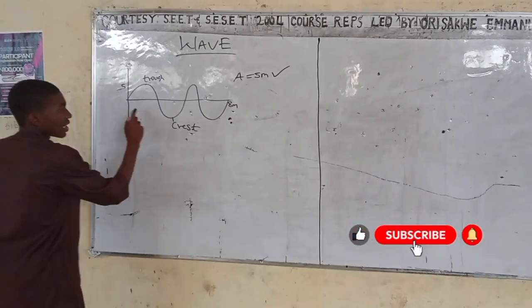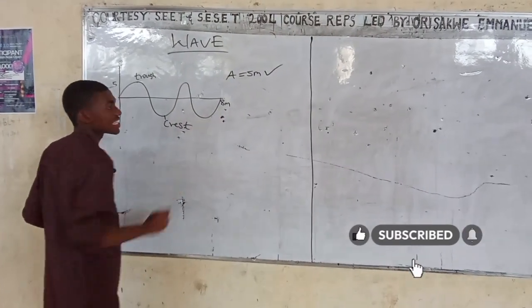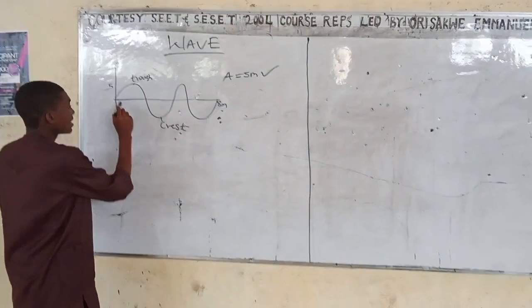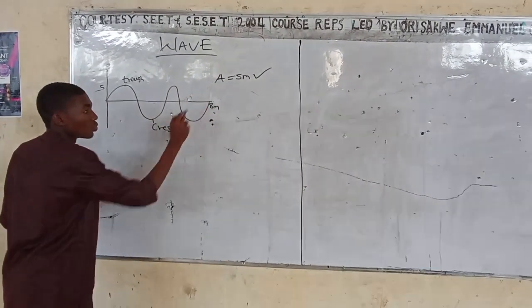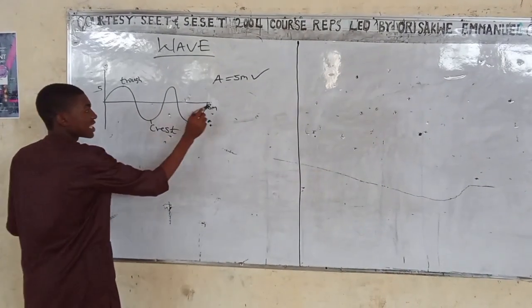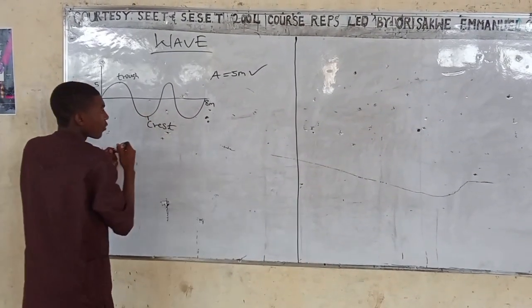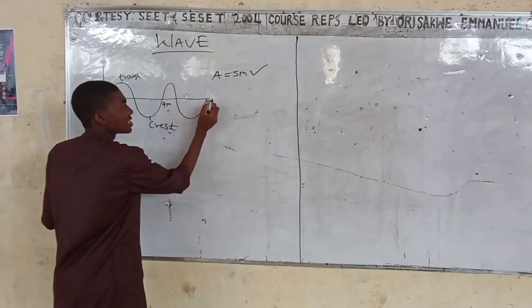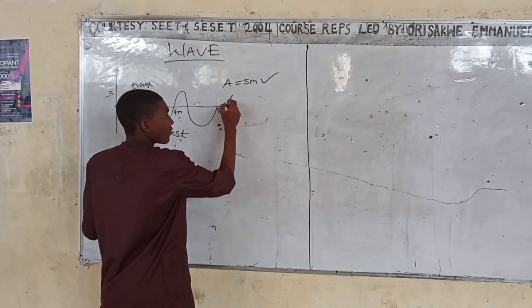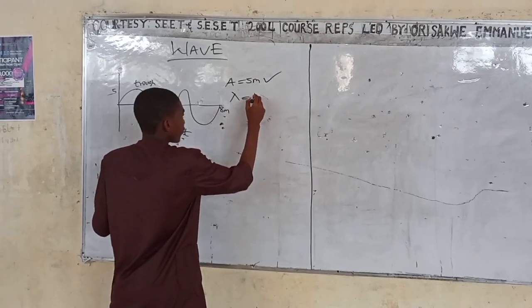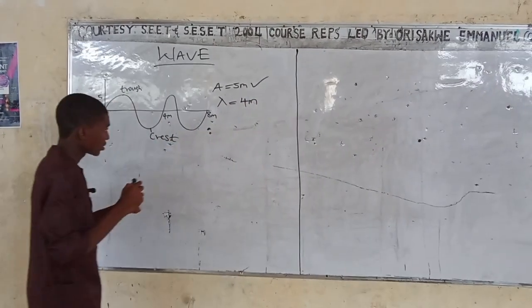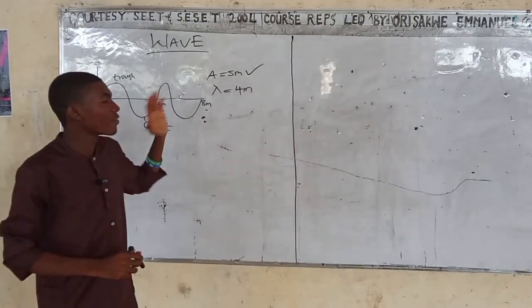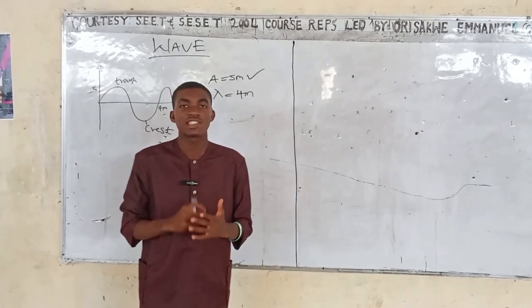From here to here is 8 meters, and this has 2 cycles. If from here to here is 8, meaning from here to here will be 4 meters, and from here to here will complete it 8 meters. So obviously our wavelength equals 4 meters. This is how you find your wavelength and amplitude using a sinusoidal graph.